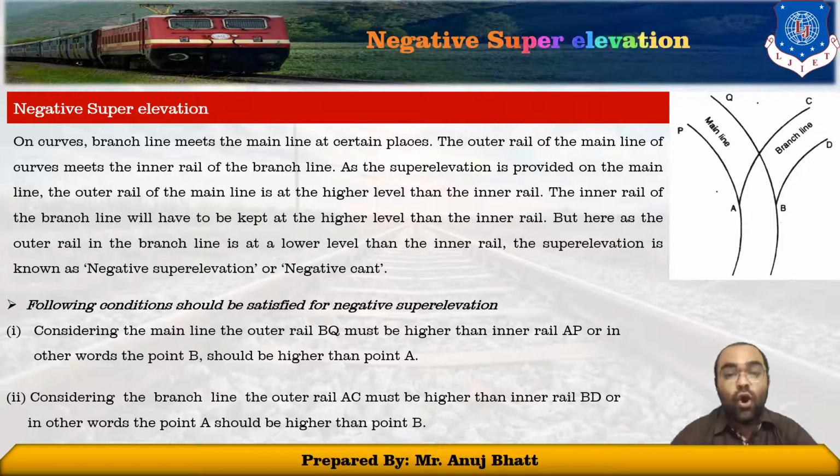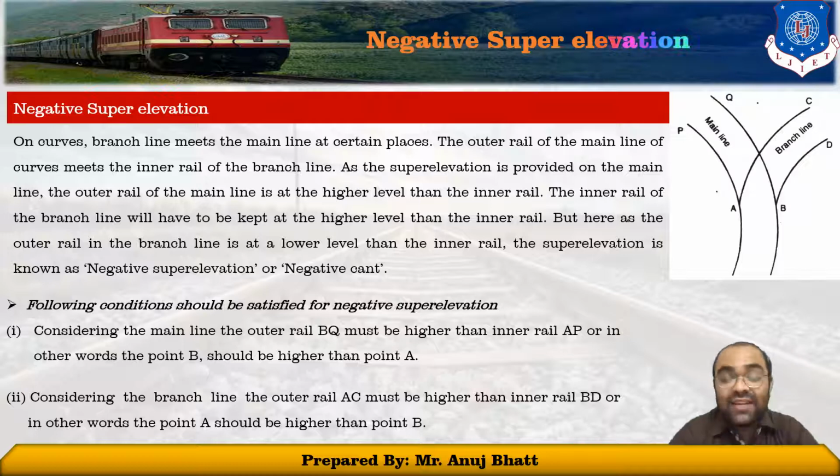So instead of the outer rail AC on the branch line being higher, it is always kept lower than the inner rail BD, and in that type of case, the branch line curve has the negative superelevation.